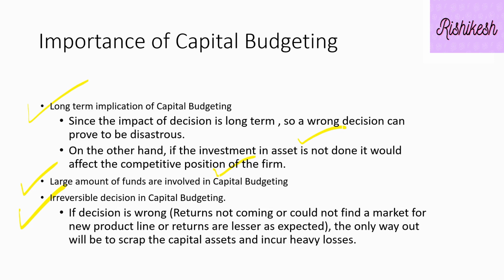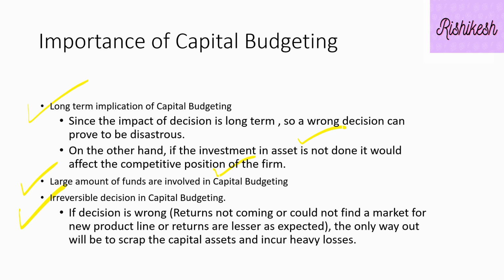So if you blindly invested in a project, and you have invested a lot of money in that, but the decision proves to be wrong, the decision can be wrong in different ways, like you're not getting the expected returns, or there has been no returns at all, or if you have launched a new product line but you're not finding a market for that.